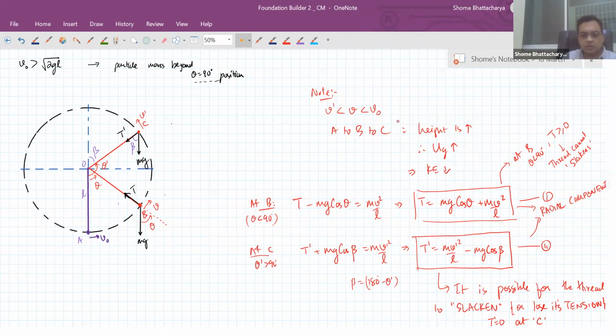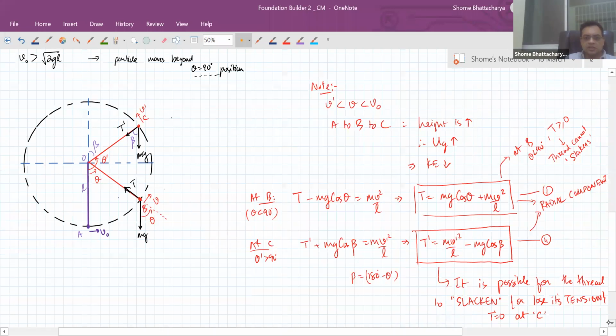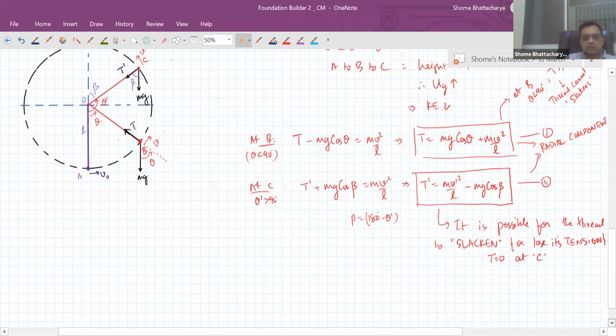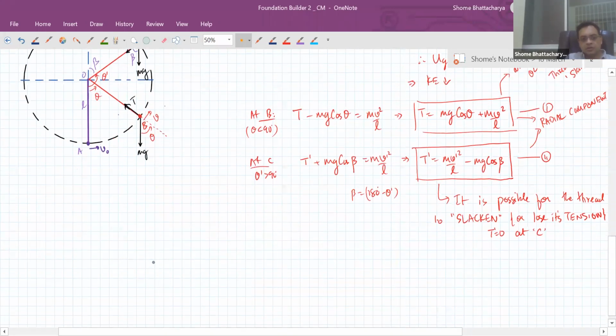Okay. So now that we have understood this, let's see. A couple of things to understand: as angular displacement is increasing, it's first going from 0 at A to some theta at B to theta prime at C, and it keeps increasing. What is happening? The speed is decreasing.